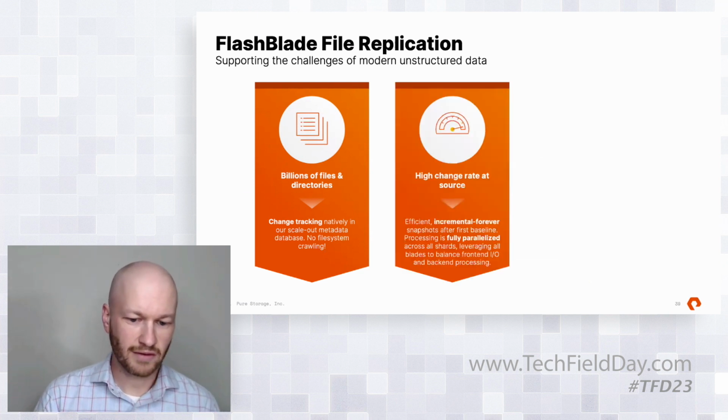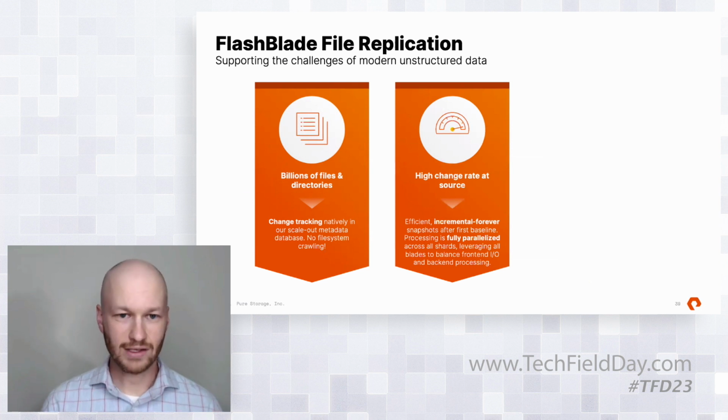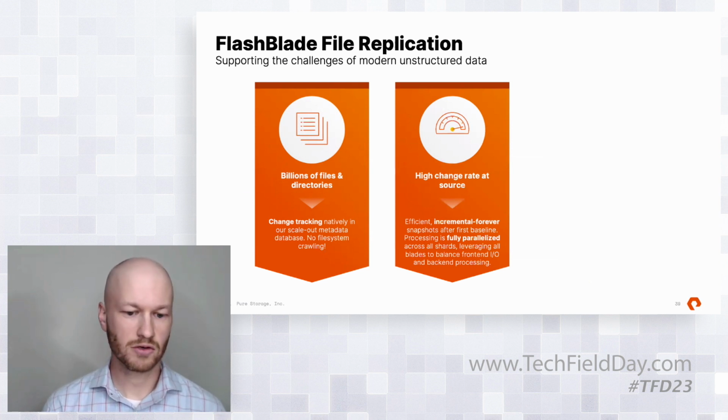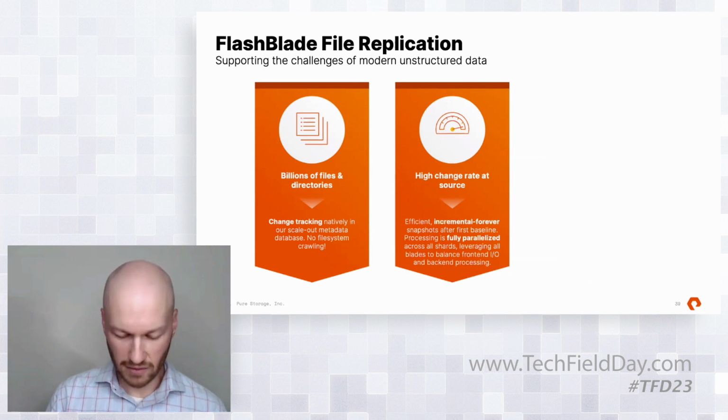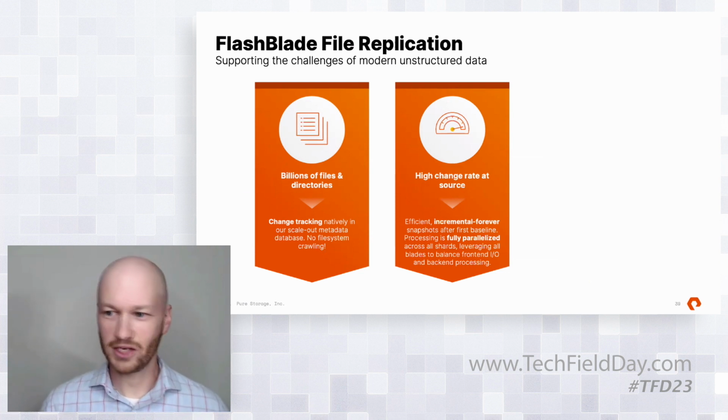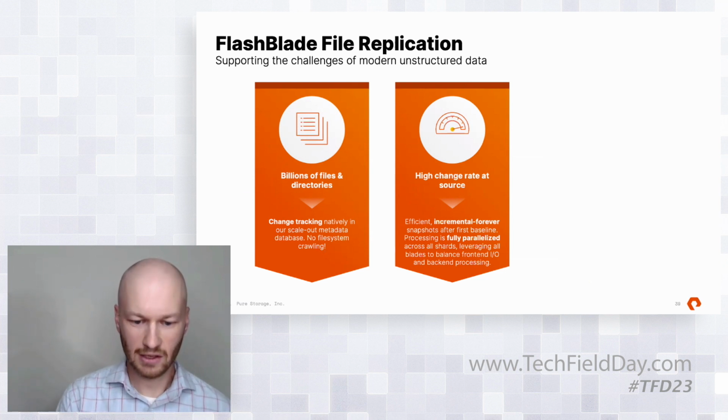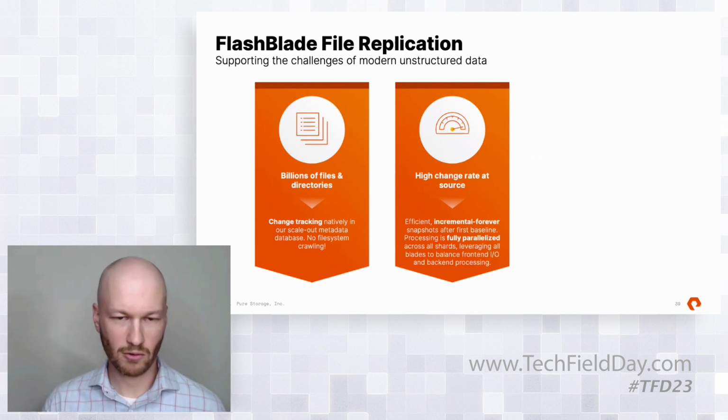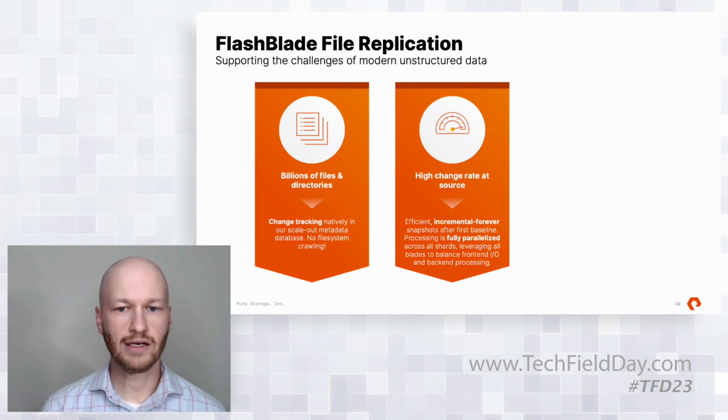The second problem is how you deal with really high change rates, with all these servers and cores writing new data. We've done what hopefully everybody would expect, which is efficient incremental forever snapshots that get shipped over from the source to the target once we've gotten through that first baseline.